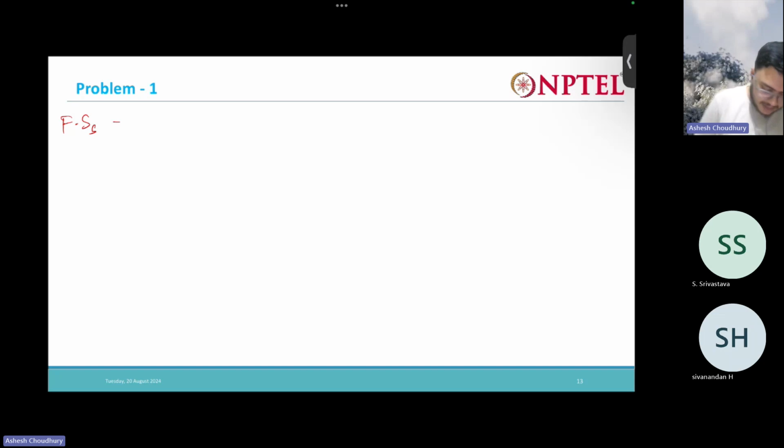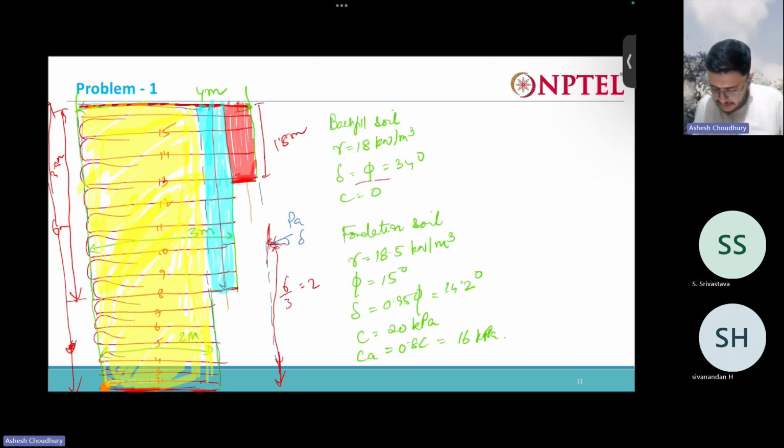Similarly, you will calculate. I will just write it down. Ca into L, the adhesion between the geosynthetic at the bottommost layer with the foundation soil.